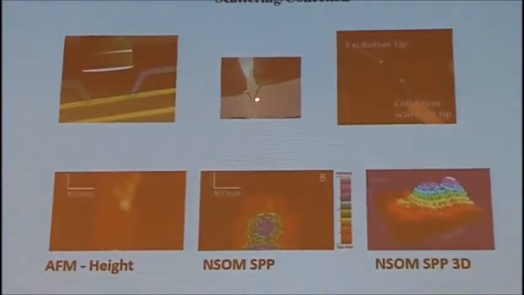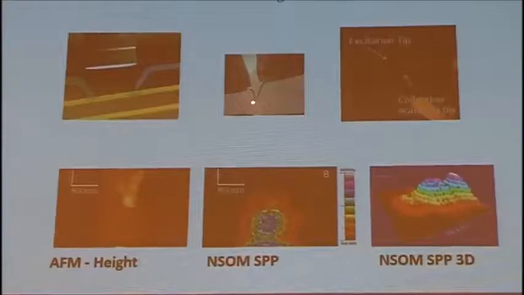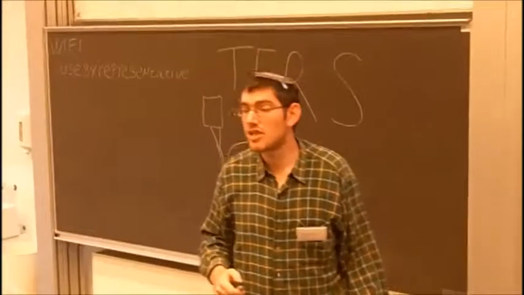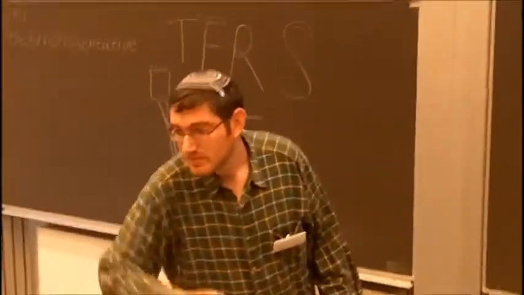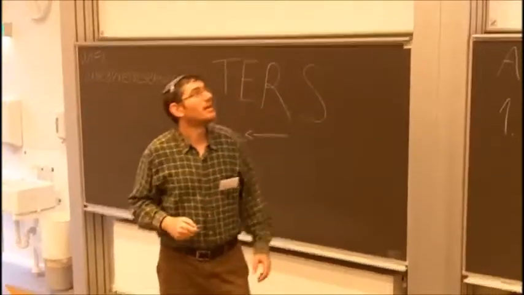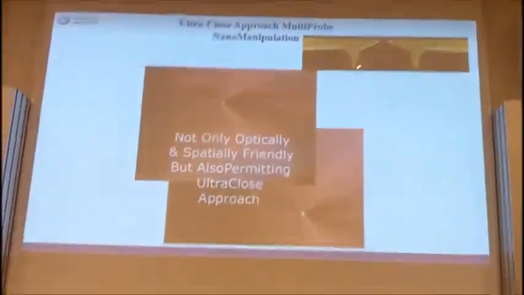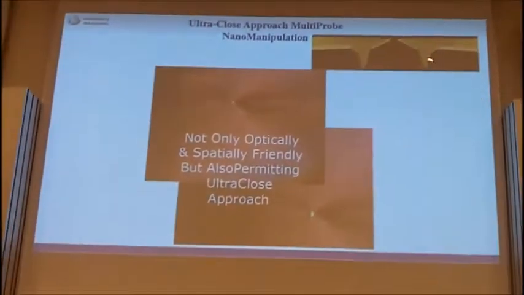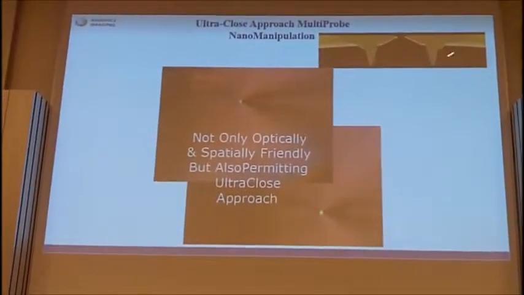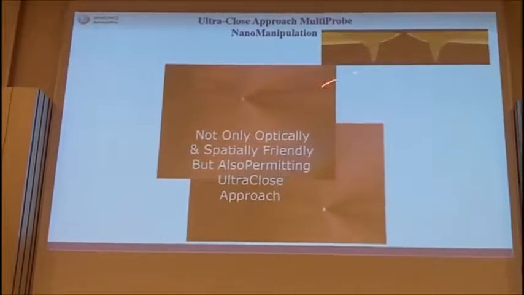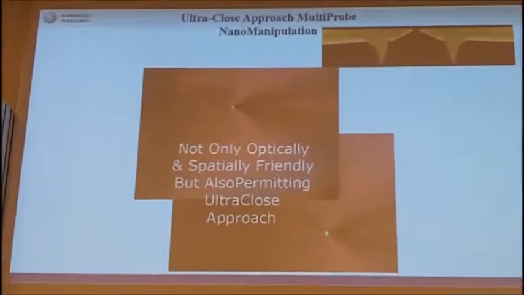So here, what's also nice about these probes is that we can get them really, really close to each other, because the regular silicon probes, which we see right here, so here's the cantilever, here's the probe, here's the cantilever, here's the probe, we can't really get these two tips of the probes very close to each other.